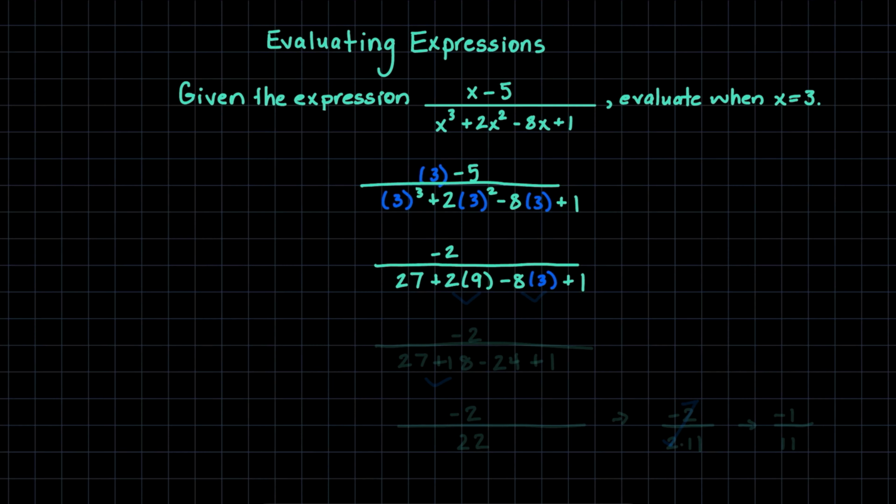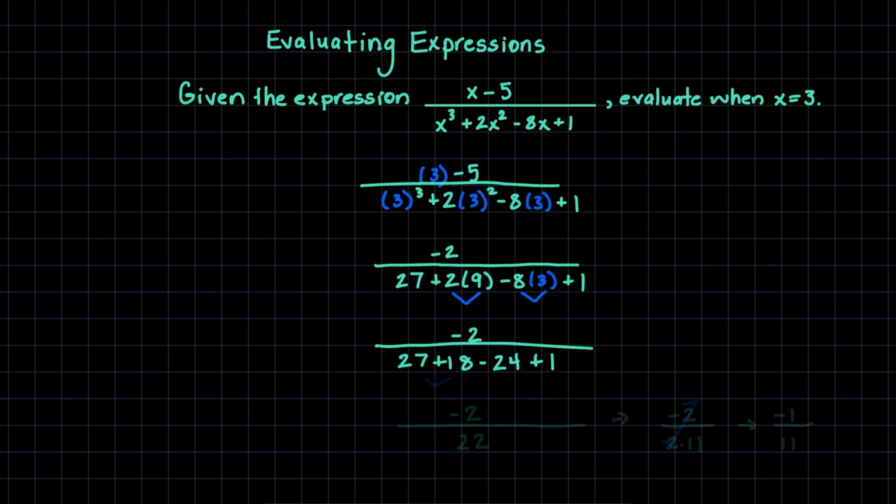The first multiplication and division I get to is 2 times 9. So we still have negative 2 at the top. 27. 2 times 9 is 18. And the next multiplication we get to is negative 8 times 3, which is negative 24 plus 1.